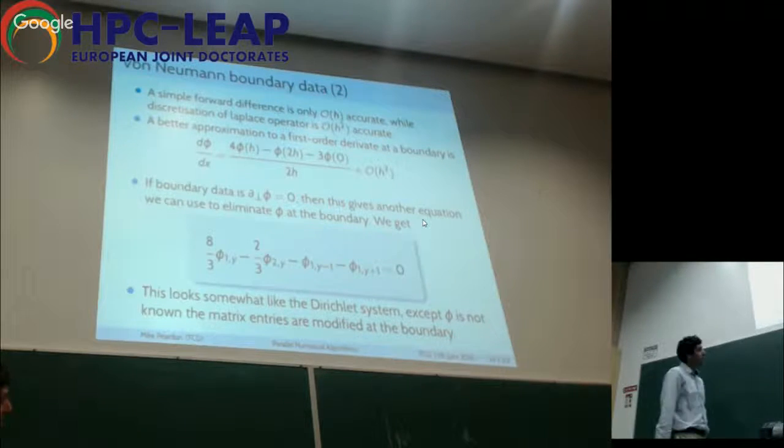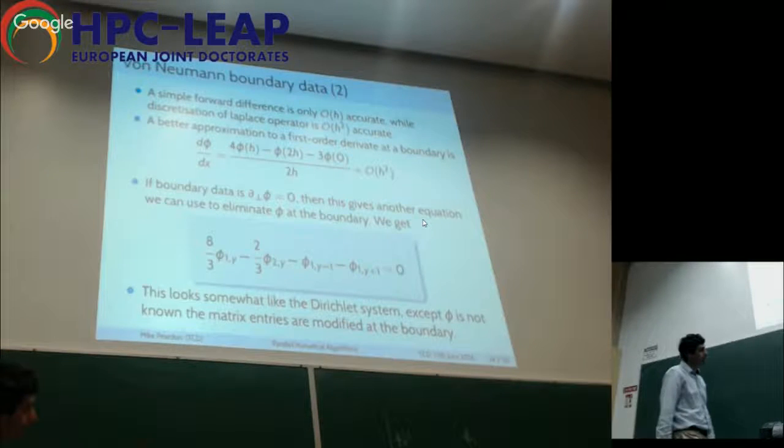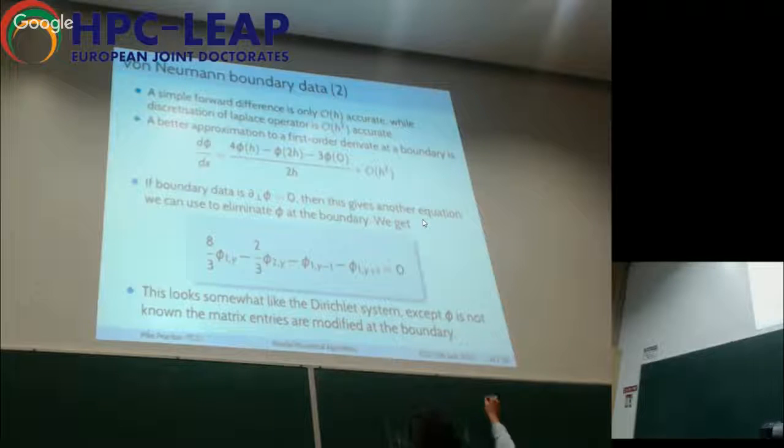But of course, there's a term in that Taylor expansion that comes in at order h squared.